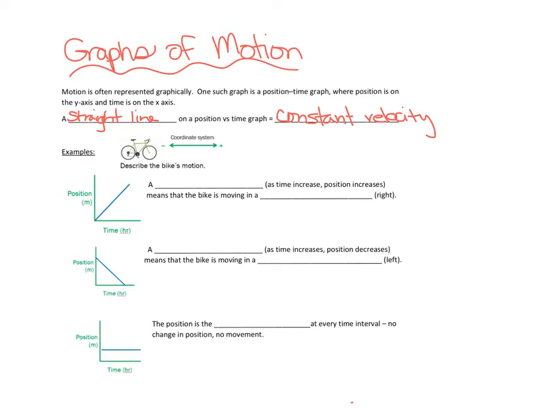So here we have a few examples, and I have a bicycle. So the bike, if it is moving to the right, we're going to say that that is a positive direction. And if it's moving to the left, that's a negative direction. So you'll notice my first graph, I have a straight line with a positive slope.